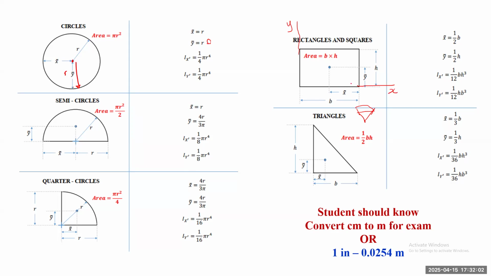If you find it around the x-axis or the centroidal axis, which is this in this case, all you have to do is look that way. Now your B, if it is around the x, is this distance, and your height is the h here. So that's why they have the formula here: breadth times height.